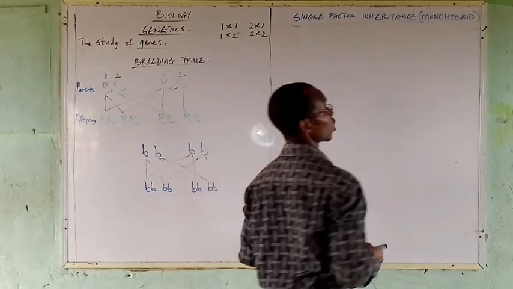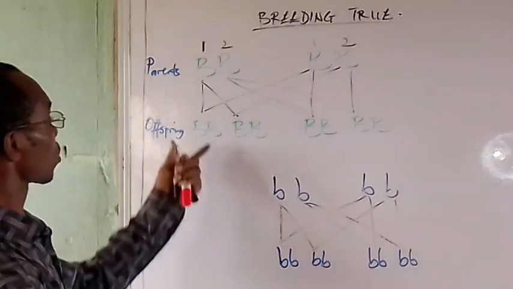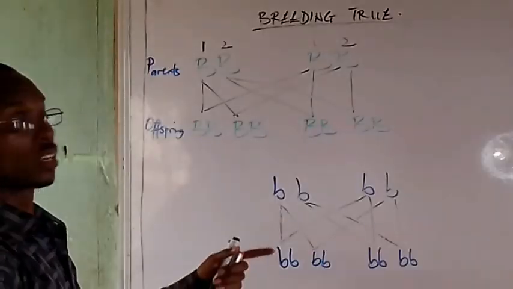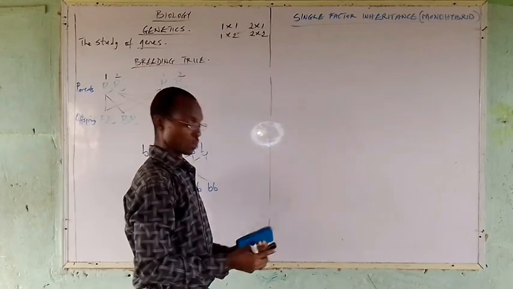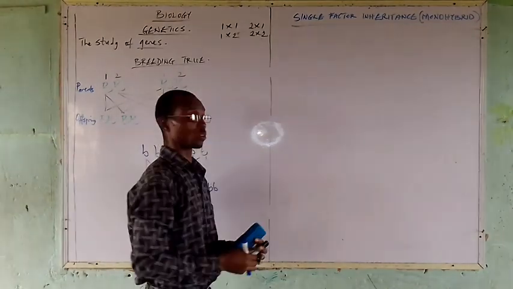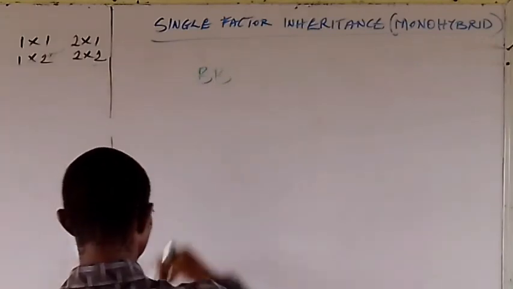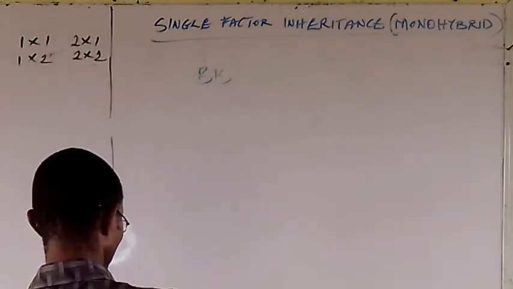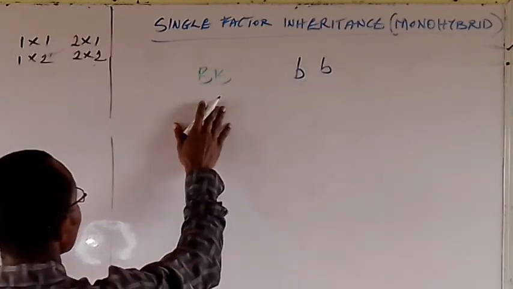That is what single factor inheritance is talking about. We're talking about the condition where we probably cross this with this. So if we were to cross this with this, let's see the possibility of offspring that we will be generating from such a cross. We are having this being crossed with this.